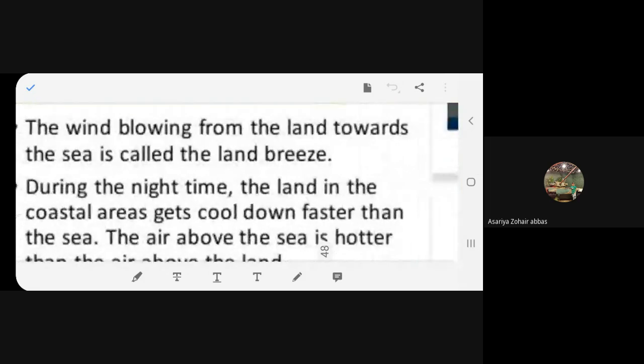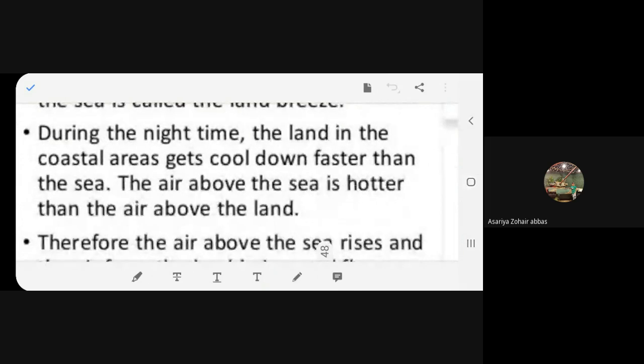What is land breeze? From the land towards the sea. It's called the land breeze. So wind is moving from the land towards the sea. When does it happen? Night. So what is actually happening? The land gets cooled faster than the sea.